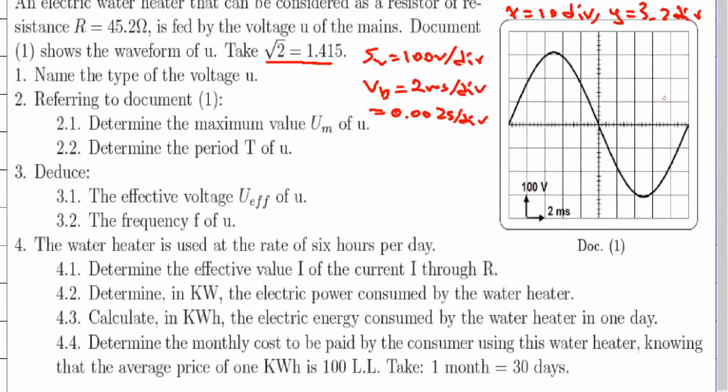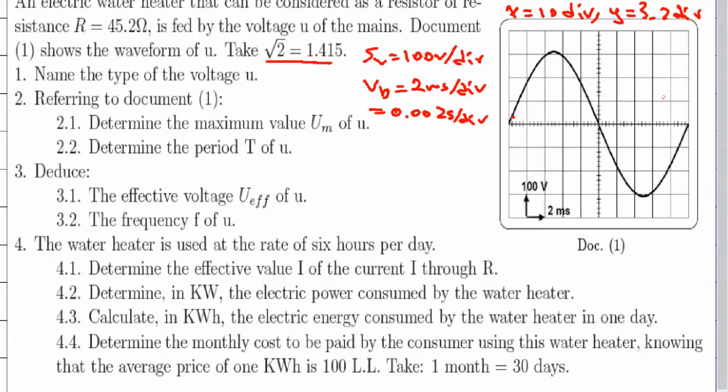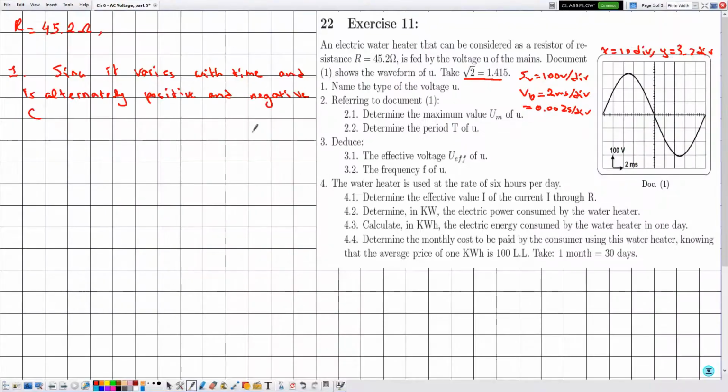Moreover, the shape of the curve is sinusoidal. The shape of this curve is sinusoidal. Then it is an AC sinusoidal voltage source.